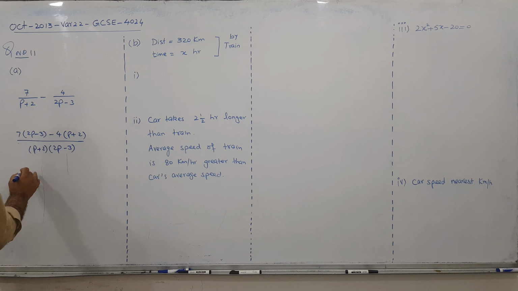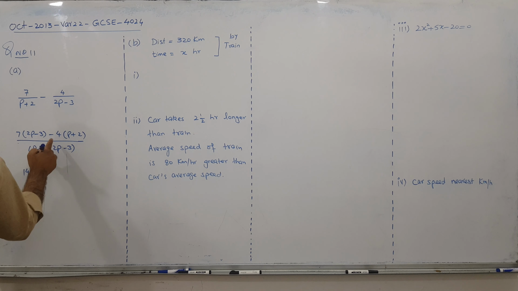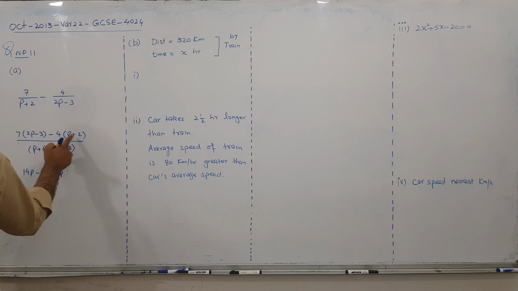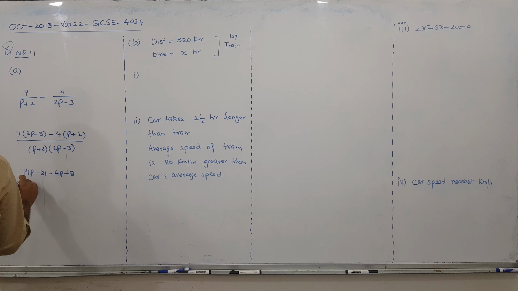Okay, 7 2s are 14p, 7 3s are 21, the minus sign will change, minus 4p, minus times plus is minus, 4 2s are 8. And no need to multiply.